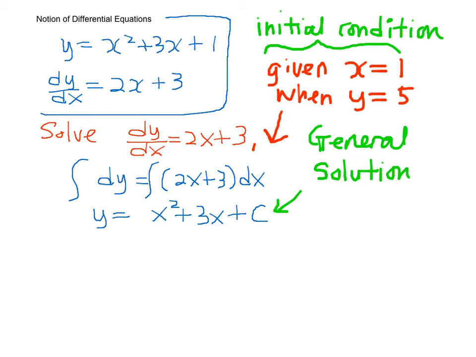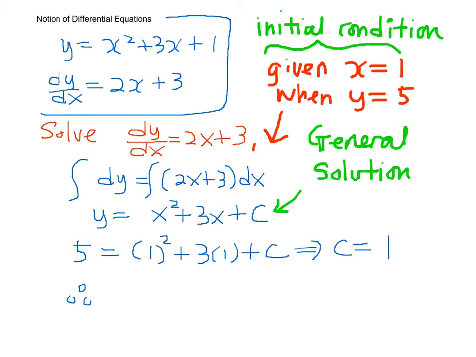So we stop right here, but we may now continue because we know that when y is 5, x is 1. So that means we let y equal 5 and x equal 1, and that will plus c. Now if you solve this, you will find that c, of course, has to be 1.